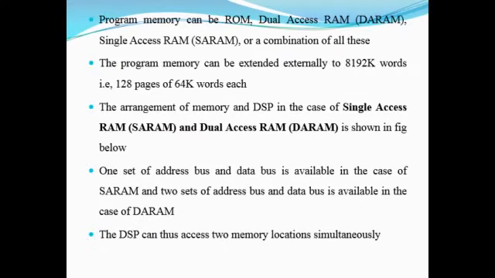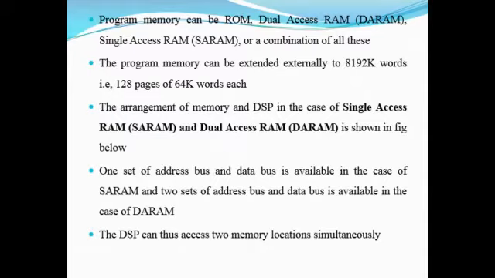Then program memory can be a ROM and it can also be a RAM, and this RAM can be divided into two. One is dual access RAM, which is termed DA RAM. The other one is single access RAM, which is SA RAM. Or a combination of all this.